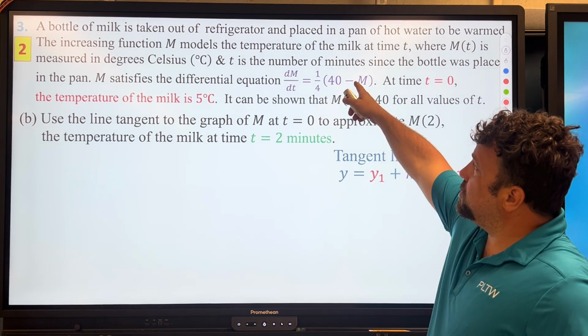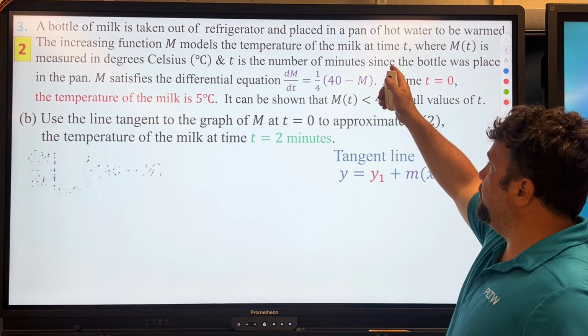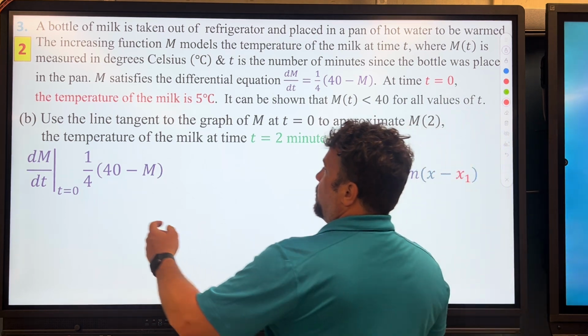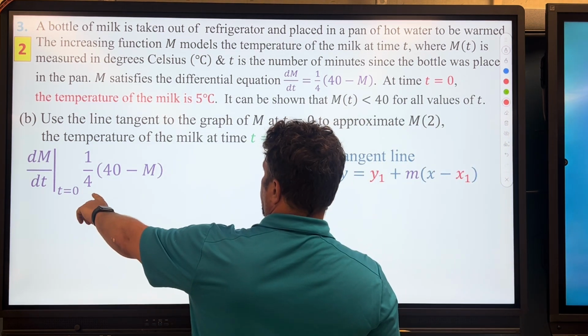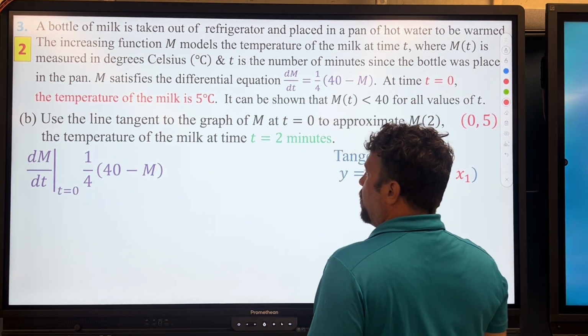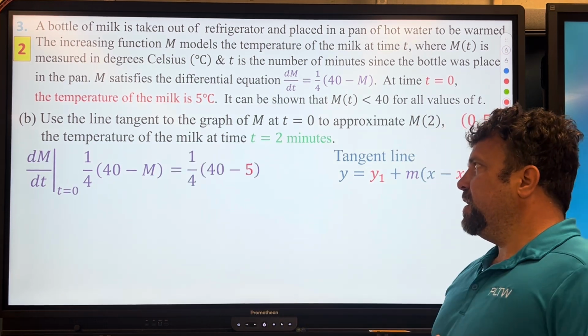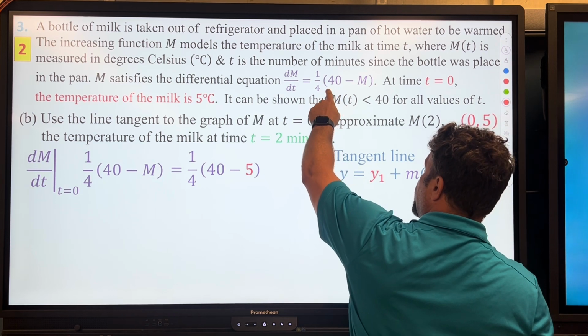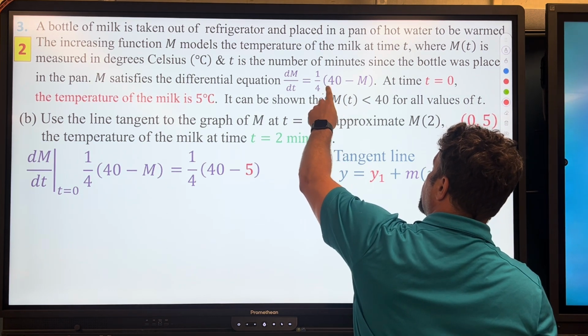The way to find the slope at this point is we could take our m and plug it right in. So we want to find the derivative of this function right here at t equals 0. All you're going to do to find that is plug in 5, because this already is the derivative. This isn't the regular equation, this is the derivative equation.